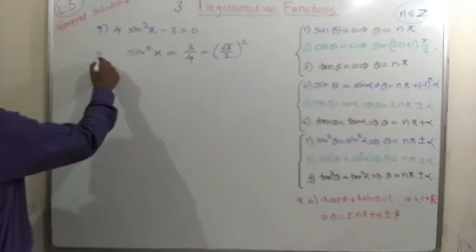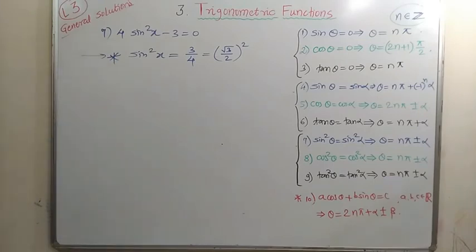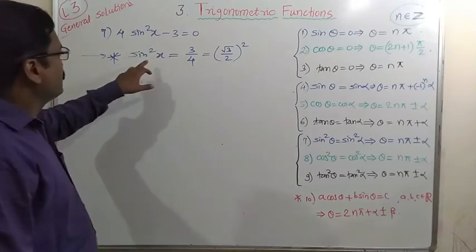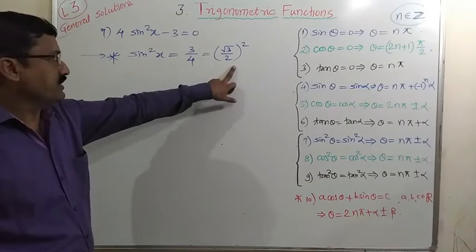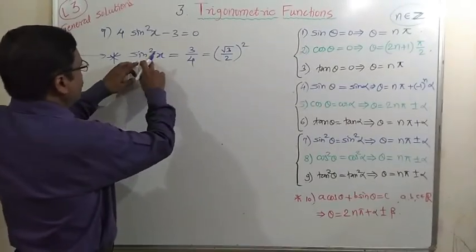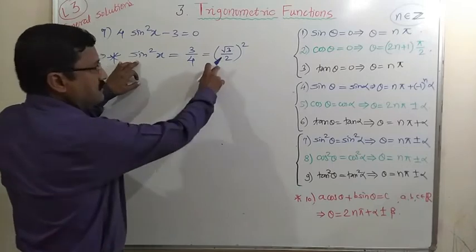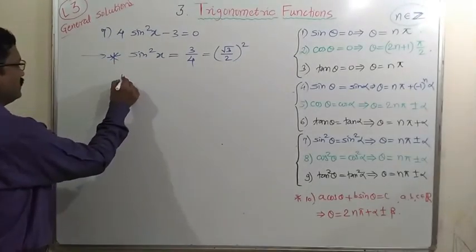We got this first step. What to do? First, write this trigonometric function and the right side in the form of a square. We know the angle for which the sine ratio is root 3 by 2. We know that.